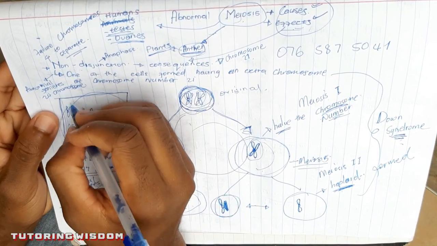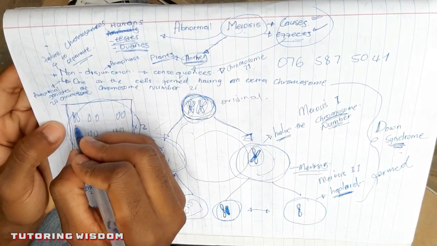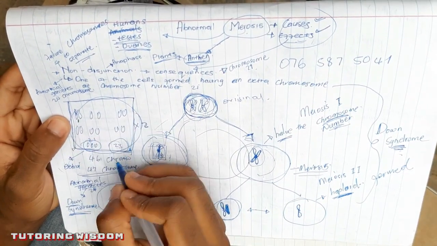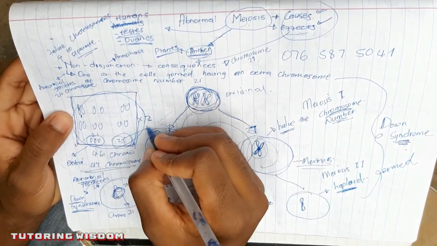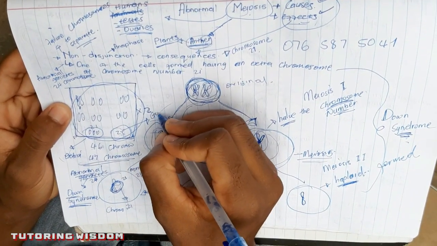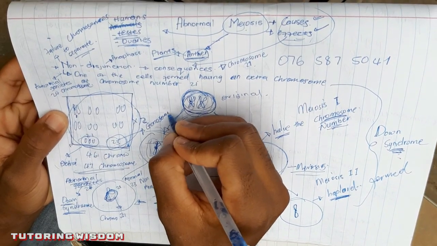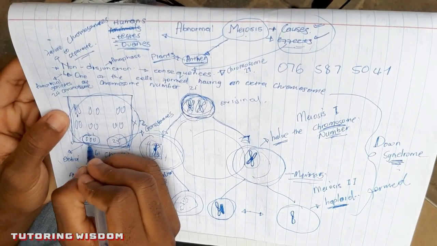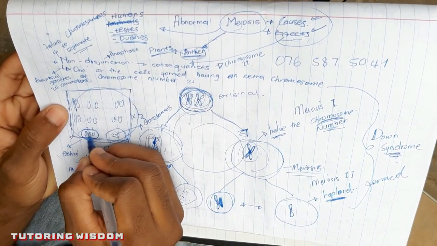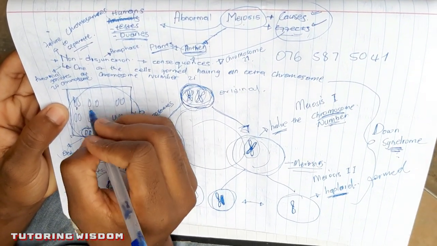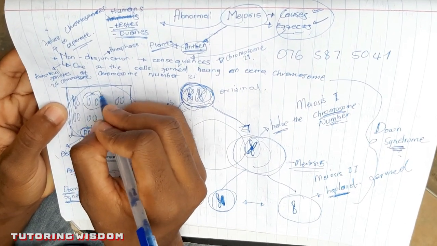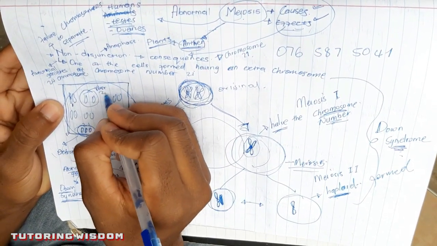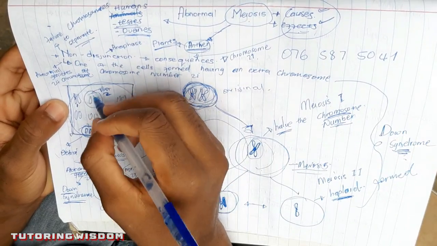Remember, a karyotype shows the shape and size of your chromosomes from chromosome number 1 to chromosome number 23. Number 23 is your gonosomes, right? Your sex cells, gonosomes. So now at chromosome number 21, you realize that there are 3 chromosomes. Remember, these chromosomes have to be in pairs, meaning in 2 by 2s, right?